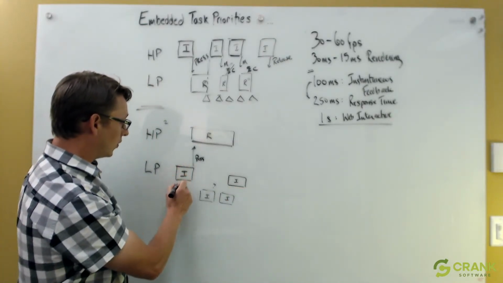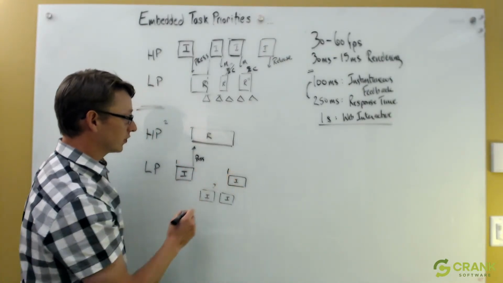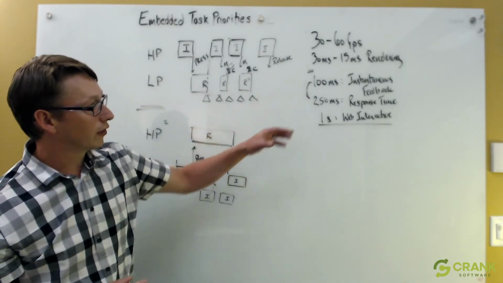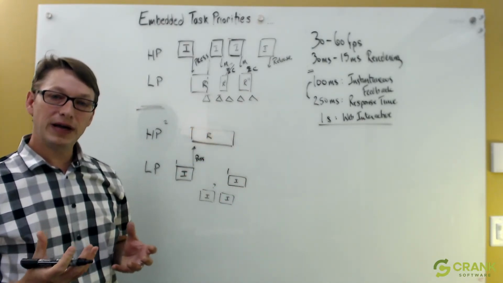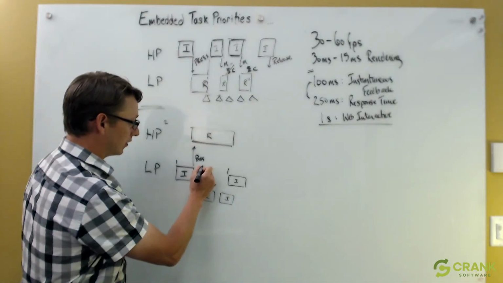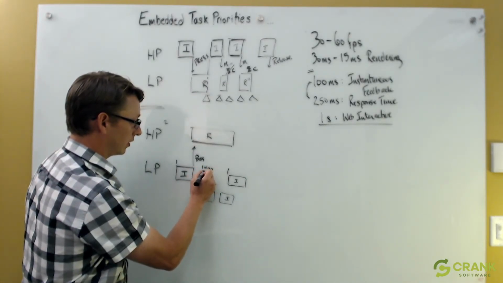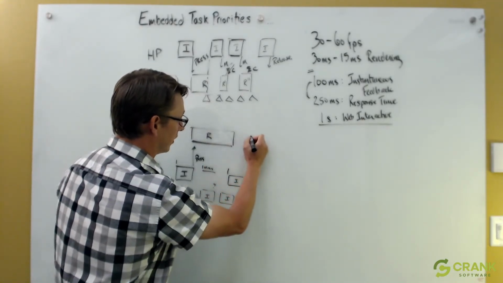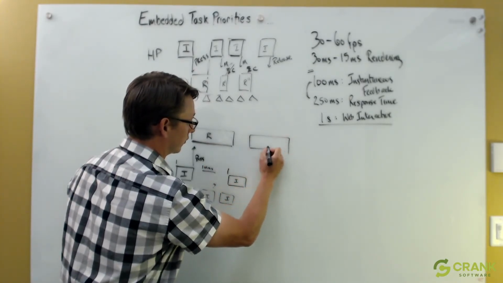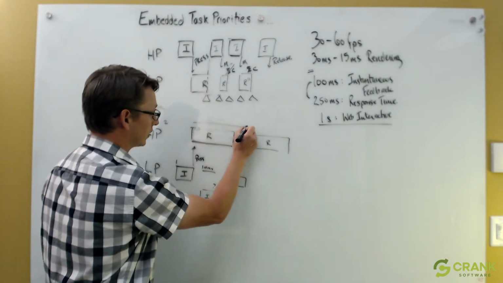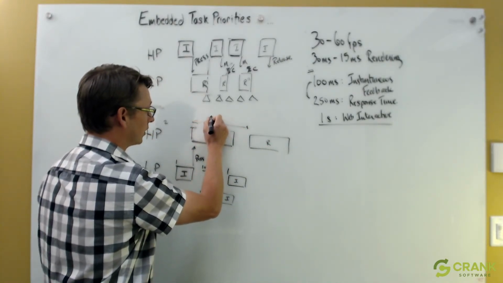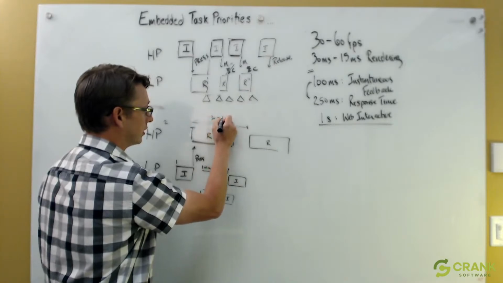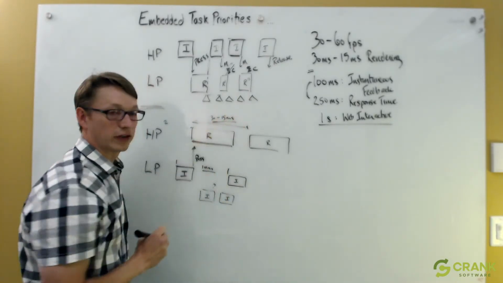Now, remember, from a response time standpoint, in order for an instantaneous feedback feel, we want this time here to sit in the 100 millisecond range. But our rendering time, if this input was triggering another rendering block, we want to be 30 to 15 milliseconds.